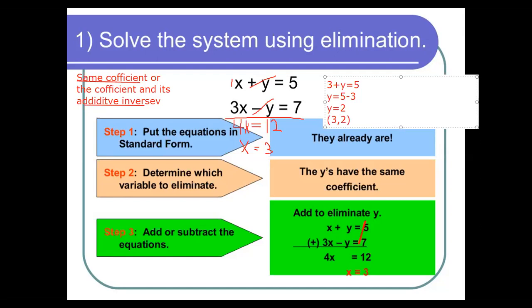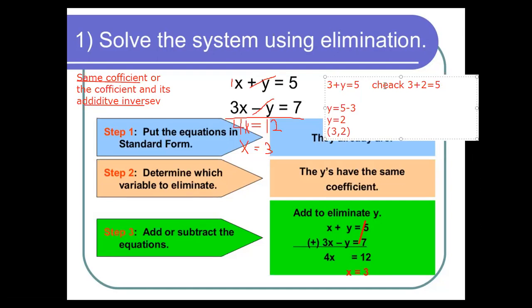Okay, so you found the answer. We come back to check in both equations. We want to check our answer, right? x plus y, which means 3 plus 2 equals 5.